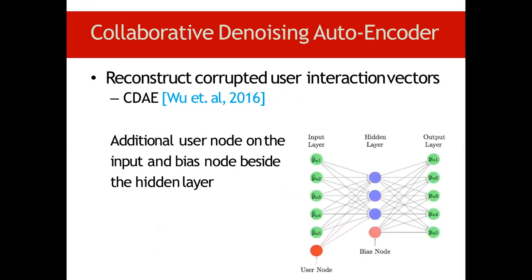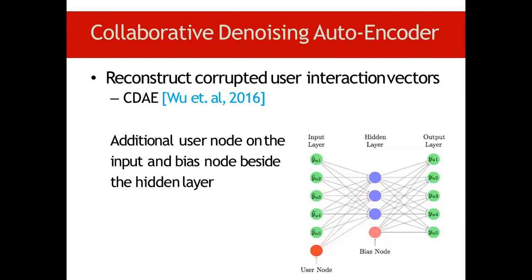Another representative work is called collaborative denoising autoencoder, which overcomes the previous autoencoder's problems. One major problem with a traditional autoencoder is that it may learn trivial functions like the identity function if you make the input and output exactly the same.